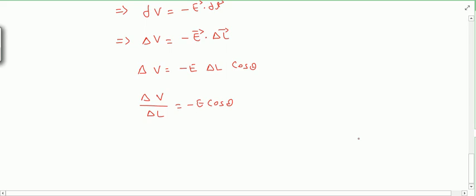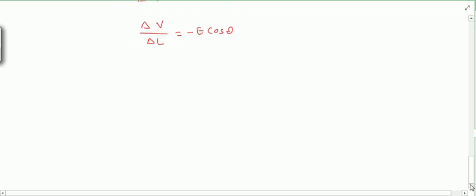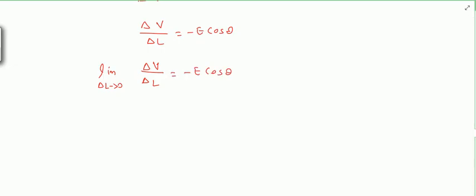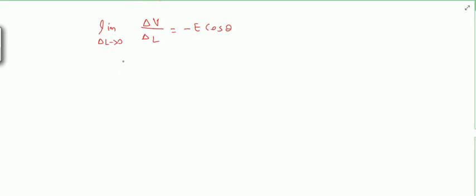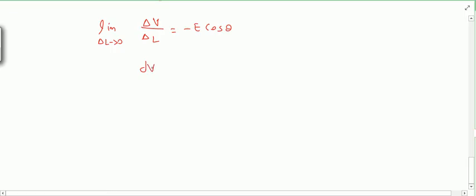Now if I apply limits on both sides, limit delta L tends to 0, here delta V by delta L will be minus E cos theta, right? After applying limits, dV by dl will be equal to minus E cos theta.